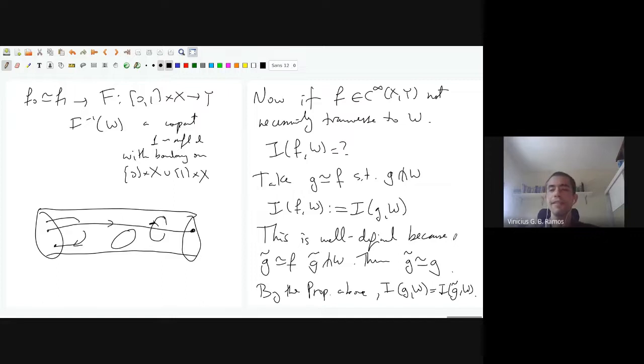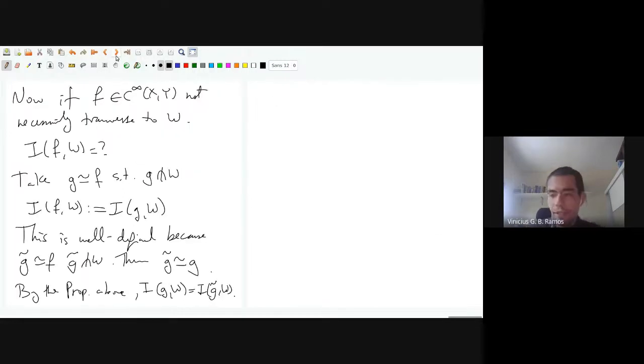So, that's very nice. We define intersection numbers for non-transverse intersection, when the function is not transverse to W. Okay? So, here are some examples of this. I'm going to give very similar examples to my examples before, just for inclusions of submanifolds.